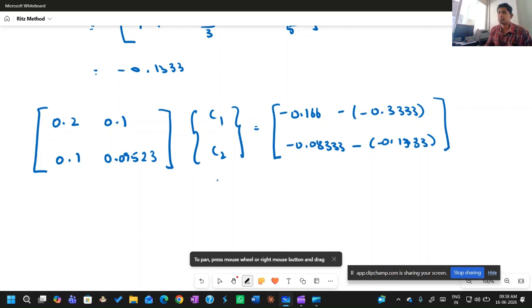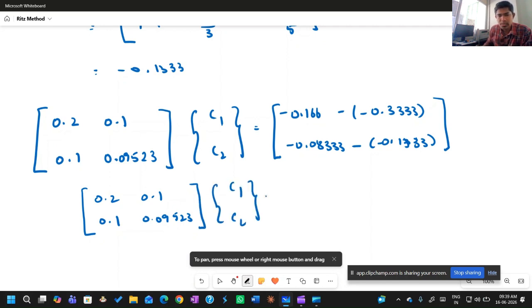so if I solve this, we have 0.2, 0.1, and this is 0.1, 0.09523, times C1, C2, that is equal to, if we evaluate this, I should be getting 0.1667, and this should be 0.04997.